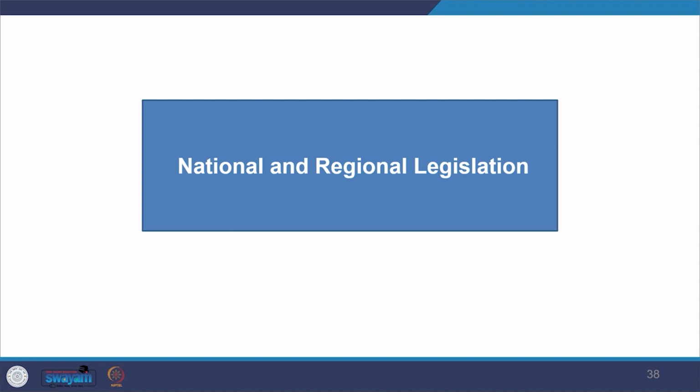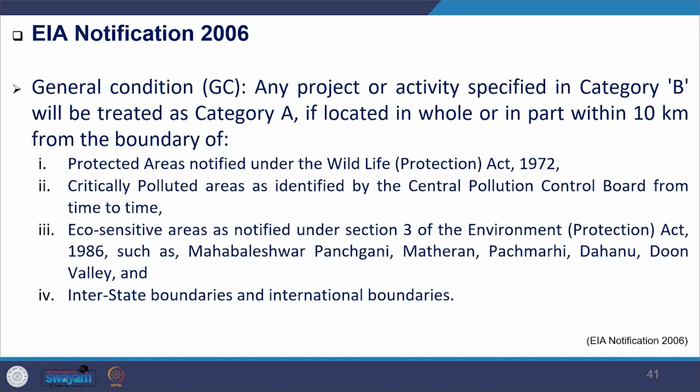Now, looking at the national and regional legislation, most countries have passed national level environmental assessment legislation. Even we have done that. And that requires conservation of ecology and biodiversity in the process of doing EIA.